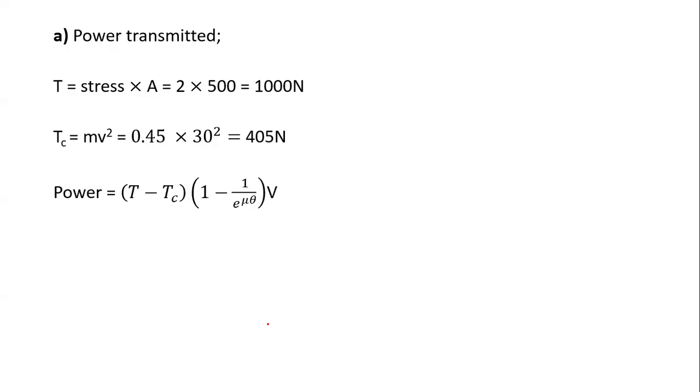Then we can get our power. Power is T, maximum possible tension, minus TC, open brackets 1 minus 1 over e to power mu theta, then outside the brackets, velocity. So let's substitute. Our T is 1000, centrifugal tension 405. Then we have 1 minus 1 over e to power 0.25 times 2.618.